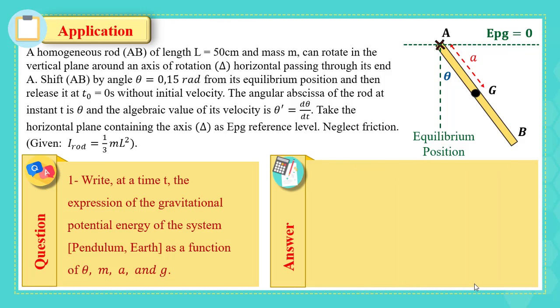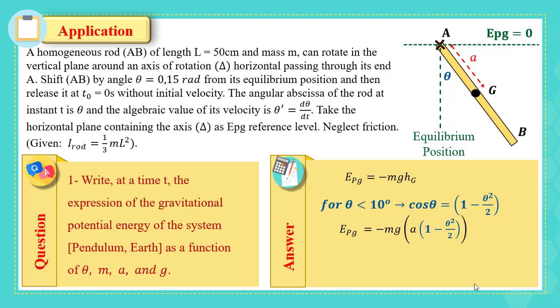For theta less than 10 degrees, we said that cosine theta is 1 minus theta squared over 2. Then the gravitational potential energy can be written as minus mg into a into (1 minus theta squared over 2). And then the gravitational potential energy is minus mga plus half mga theta squared.